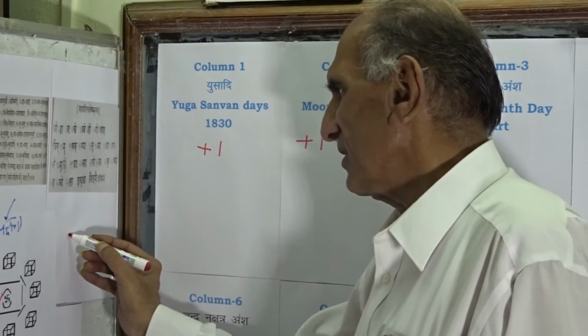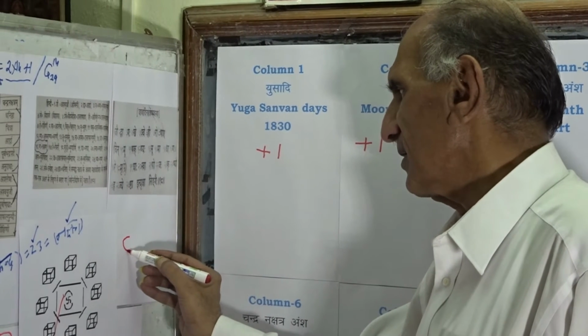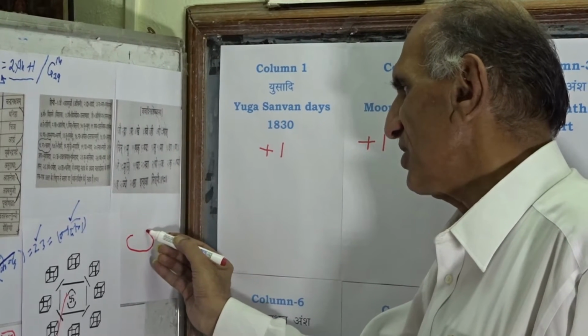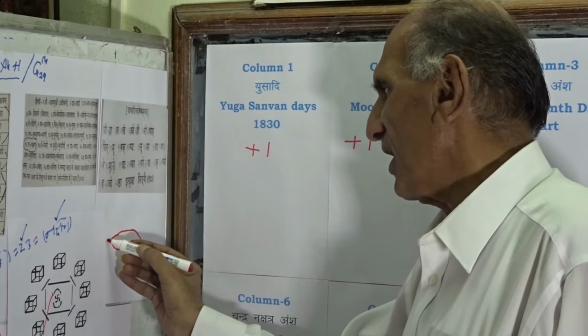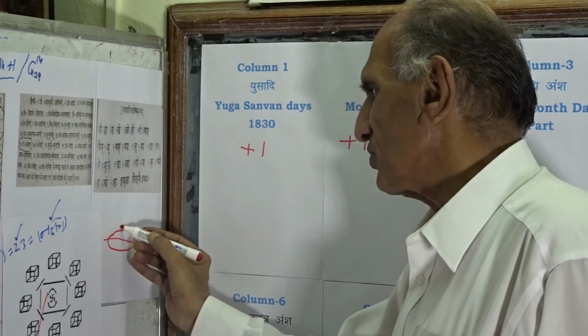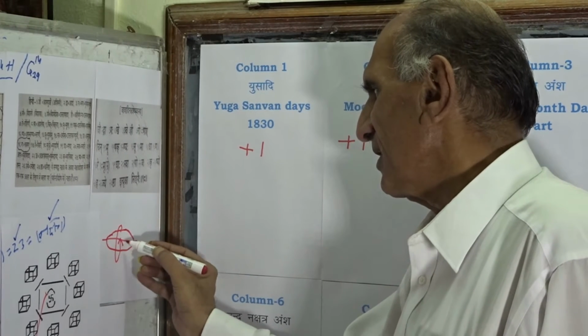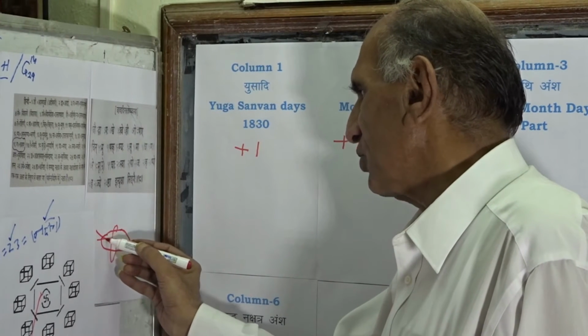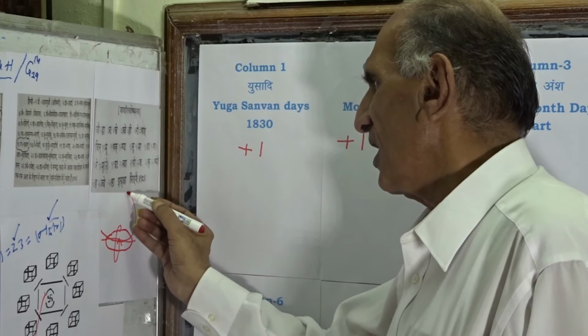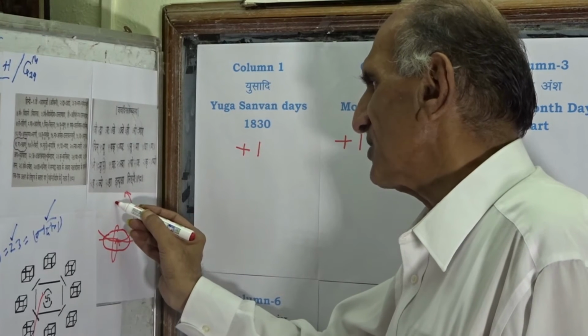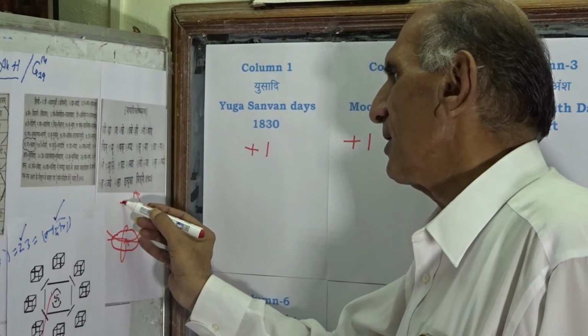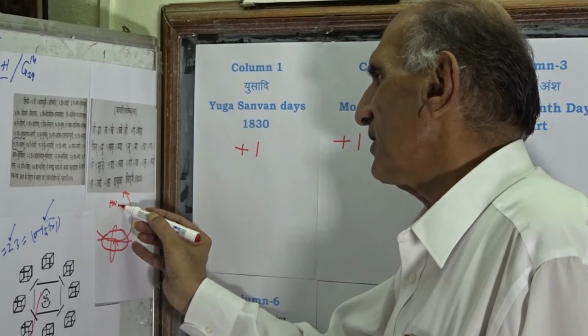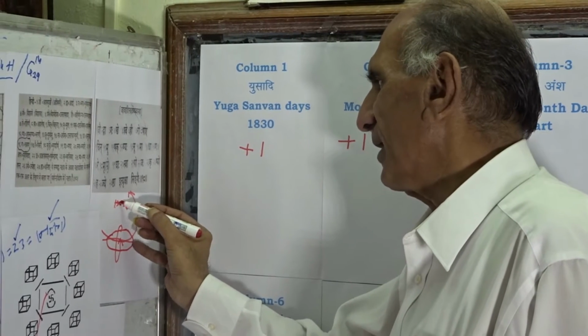Let us see that the Vedic astronomy is chasing the motion of the earth around its own axis, and further the motion of the earth around the sun, is Surya. It is this chase which is being done.